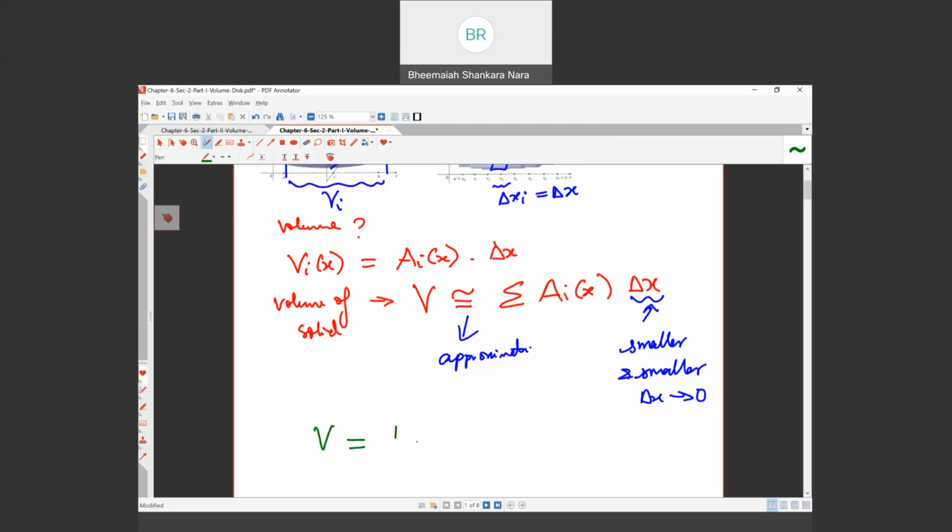So we use equality, but rather we write limit delta x goes to 0. You write this as summation, no more sub i, but rather you write area A of x times delta x, which means you're doing the limit for infinite number of strips, which is n.